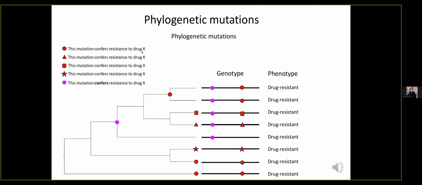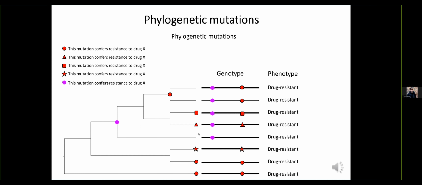The reason we care about these in the context of drug resistance is not only that it is useful to detect which mutations confer drug resistance, in this case all mutations confer drug resistance, but also that it is useful to study the evolution of drug resistance.